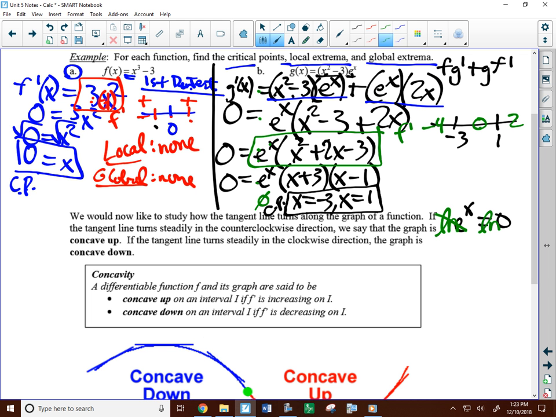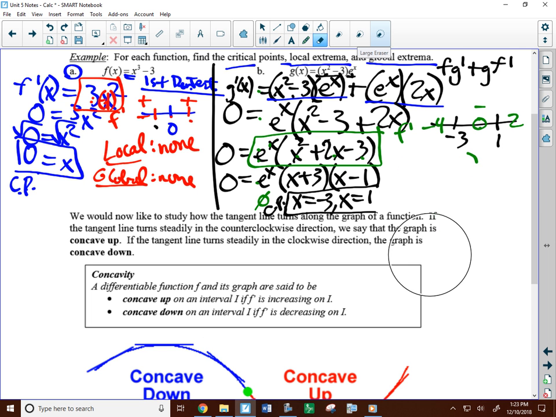So e to the 0 is 1. 0 squared is 0, plus 2 times 0 is 0, minus 3. So basically I get 1 times -3, which is -3. Okay, let's try another one, 2.